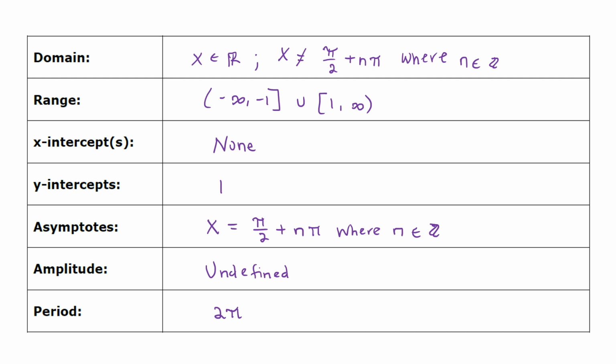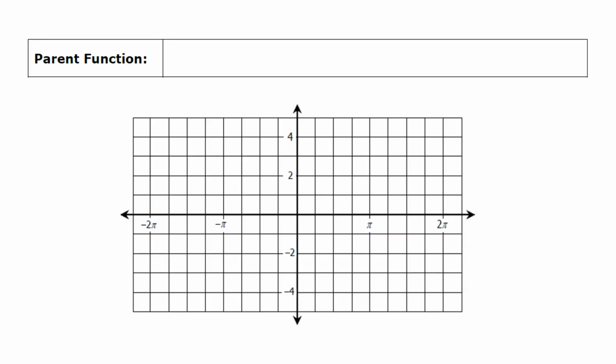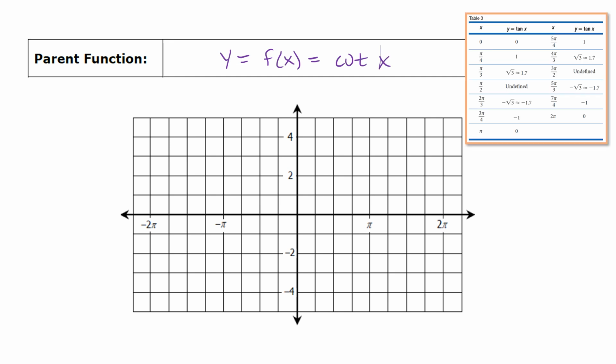Awesome. Okay, let's do our last reciprocal function, which is y equals f of x, which equals cotangent x. So we are going to use the values of tan to help us graph this. All right.